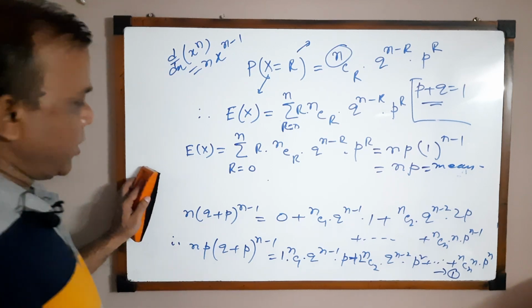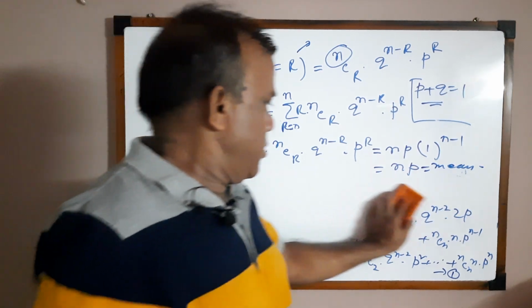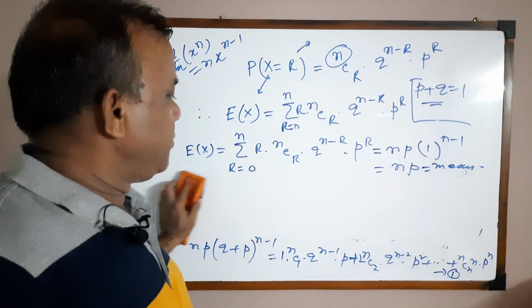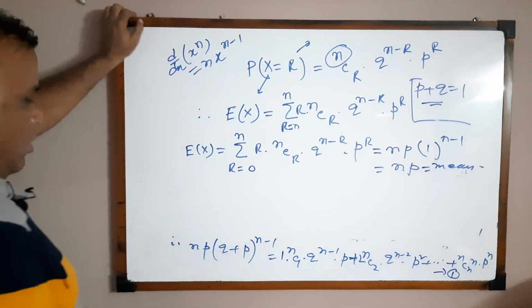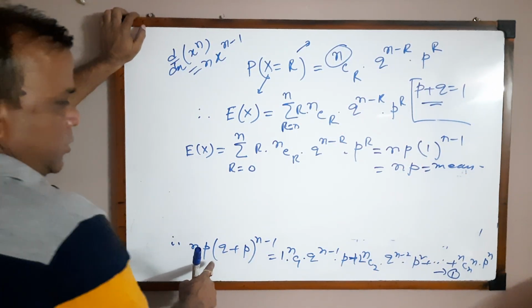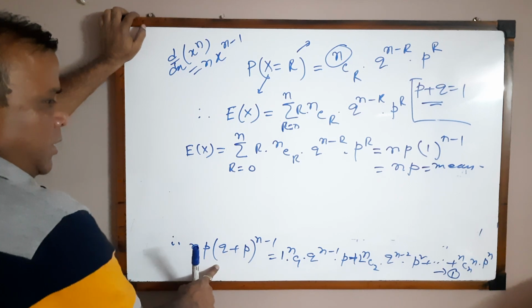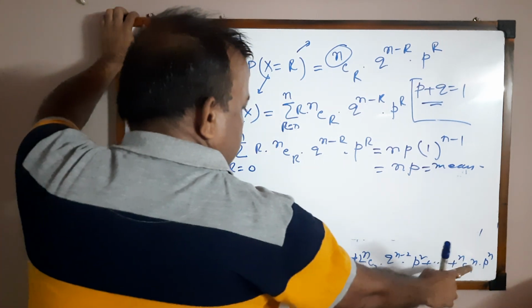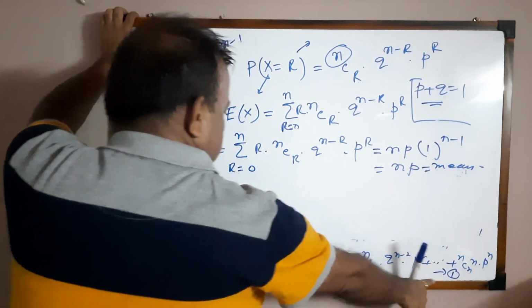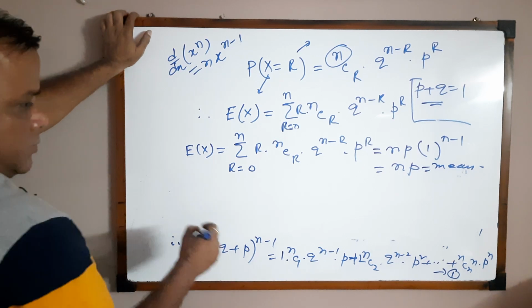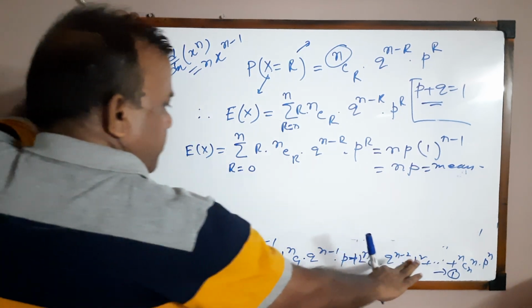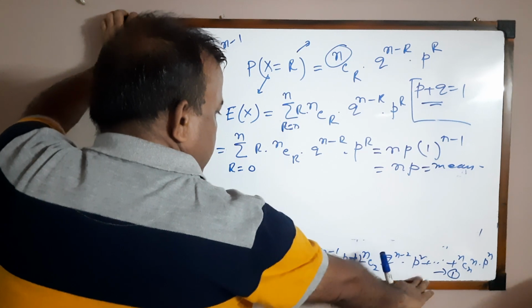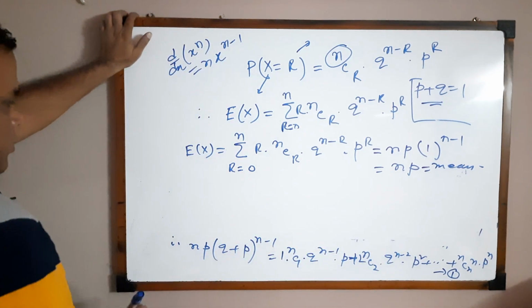Now we have to find the variance of the binomial distribution. We differentiate partially again the relation 1 with respect to p.